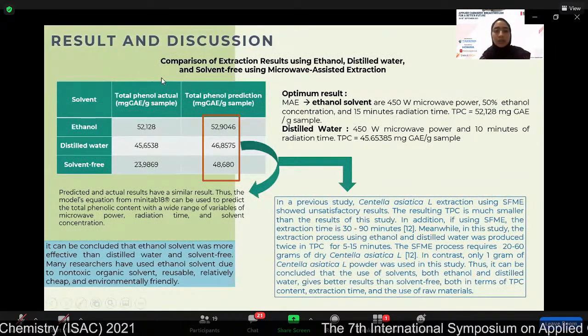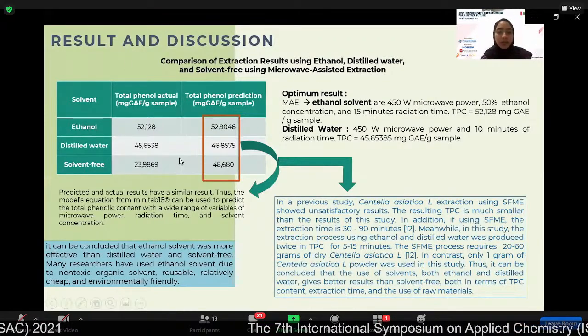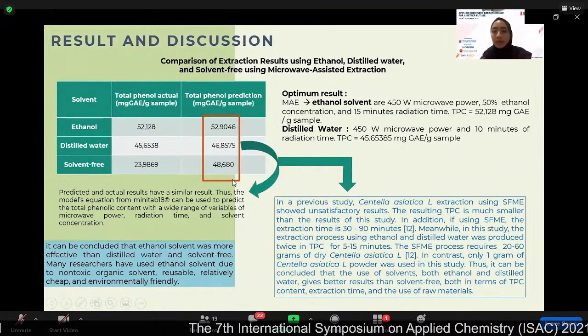And this is a comparison of extraction results using ethanol, distilled water, and solvent-free microbial extraction. This is the total phenolic content that we measured in the experiment, and this is the prediction from Minitab.